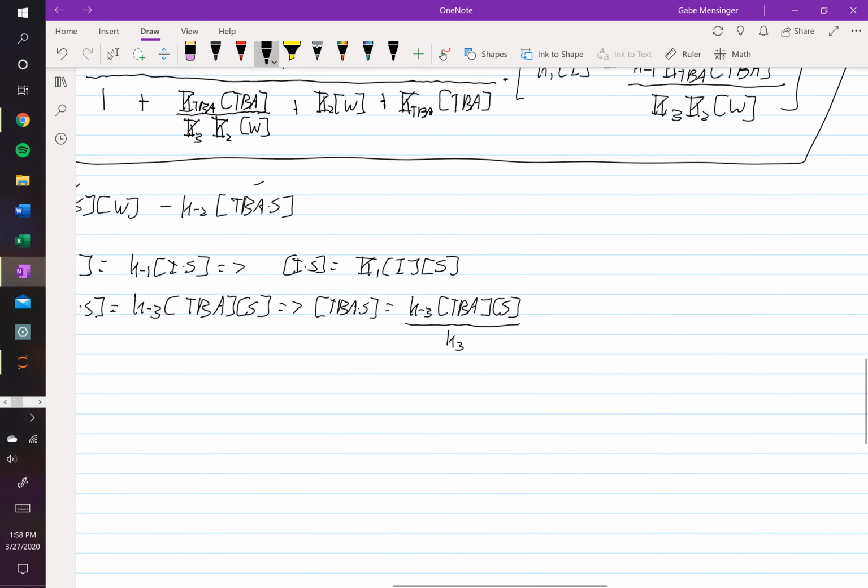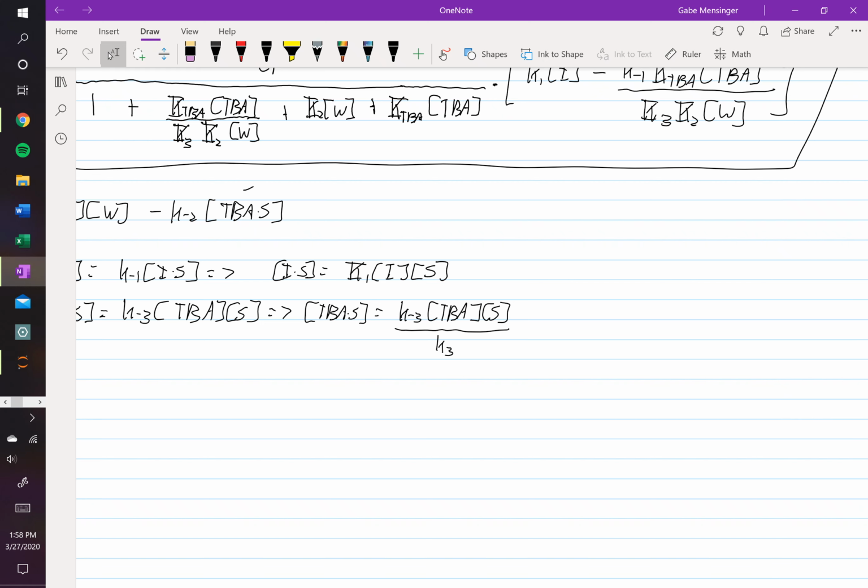From the problem statement, we're told that K minus 3 over K3 is equal to our capital K TBA. So making that substitution, that is our expression for our surface species of TBA.